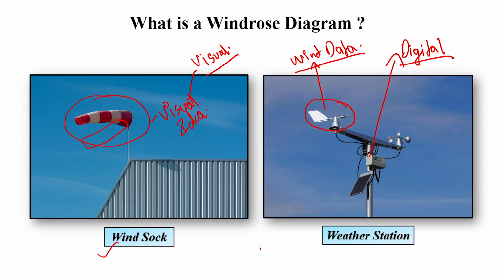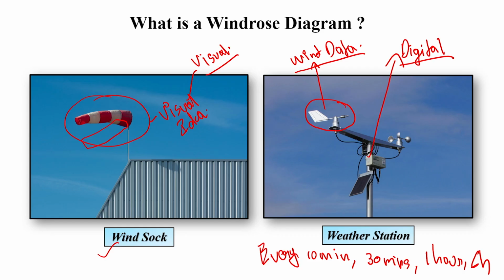So, you have a particular range. We collect the data for every 10 minutes, you can collect it for 30 minutes, you can also collect it for 1 hour, you can collect it for 6 hours. So, for every particular time you can set at what time you want to collect the data. So, it basically collects the direction and the speed of the wind.